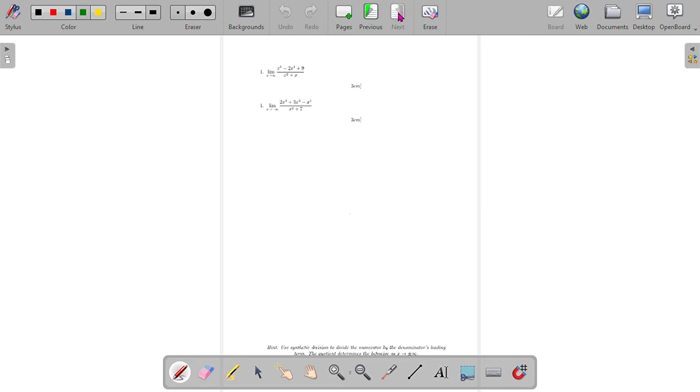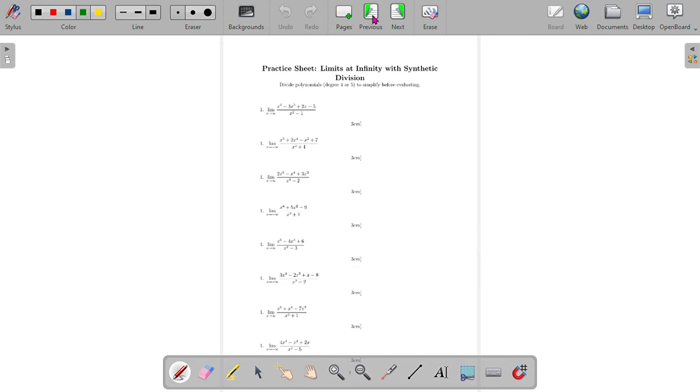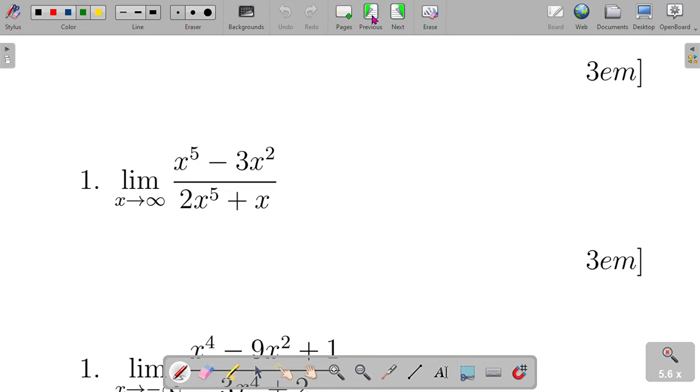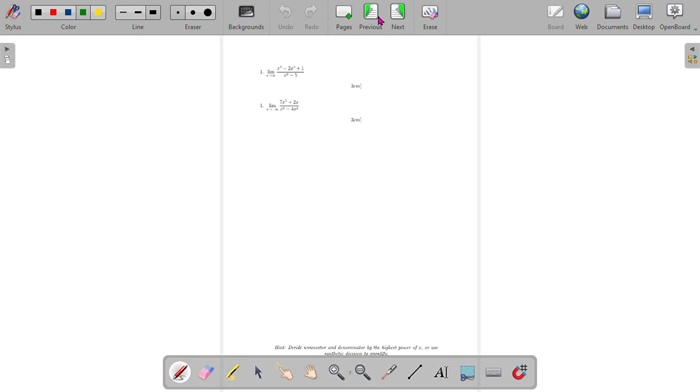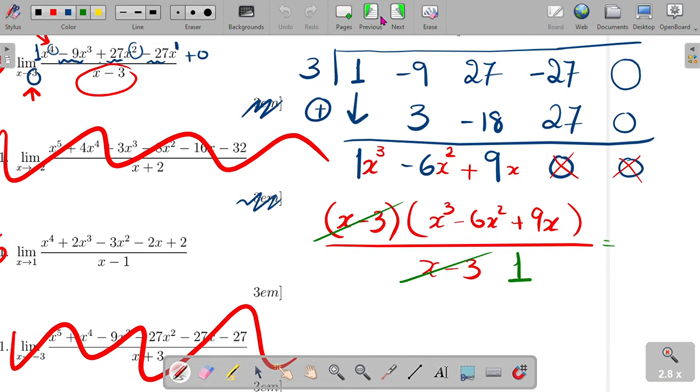Synthetic and so on. I want the theorem. Where's the theorem? I need a question about the theorem. Don't we have anything about the theorem?